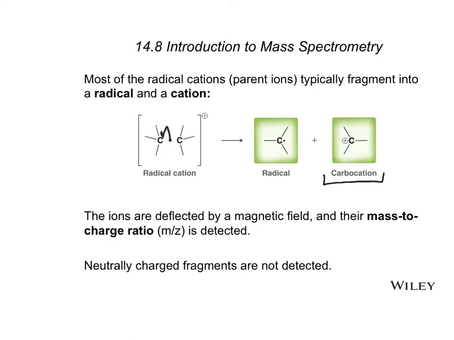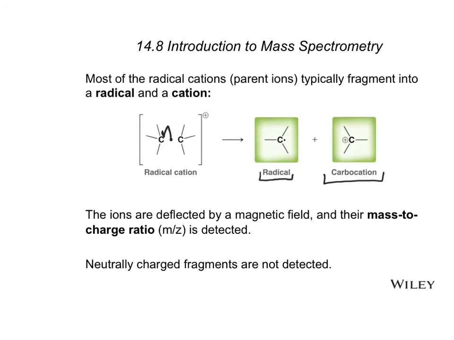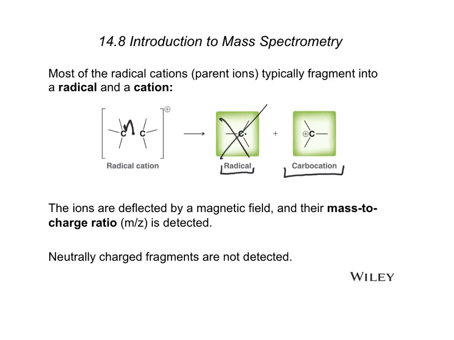For example, this radical, is this charged? No. So this guy, we're not going to see it in our mass spec or our mass spectrum. Anything that's charged is what we're actually going to see. When it's deflected by this magnetic field, the smaller the molecule, the larger the deflection.